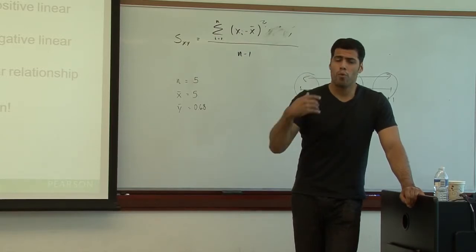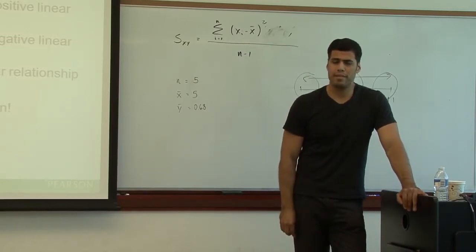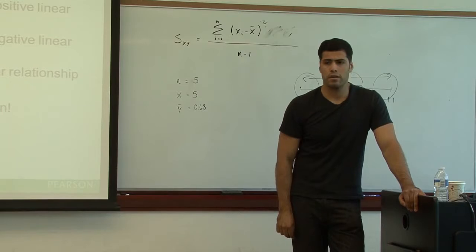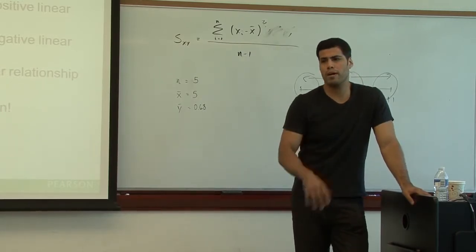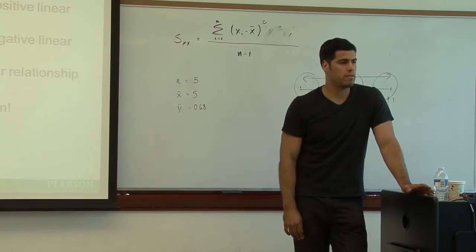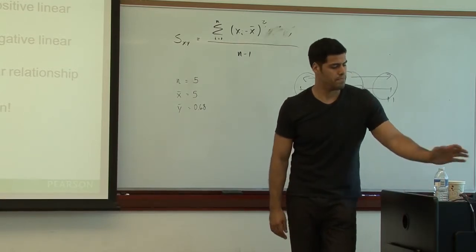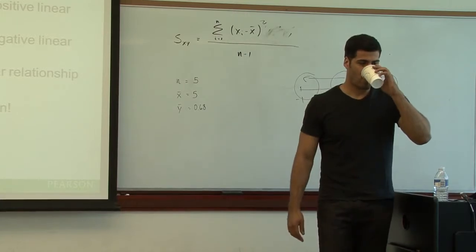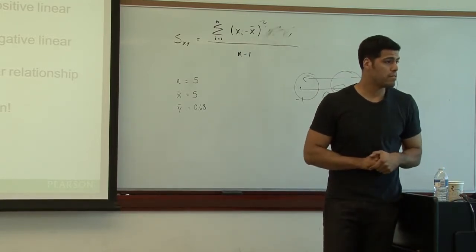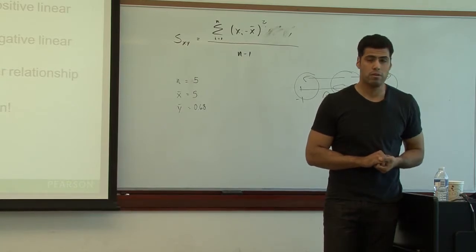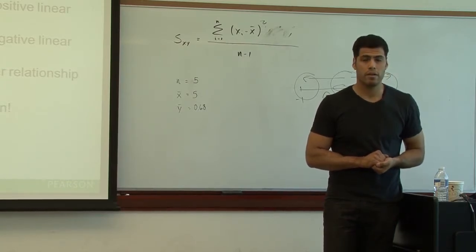If I tell you price and quantity, which one will be independent and which one will be dependent? Two variables, price and quantity. Which one would you label as dependent?